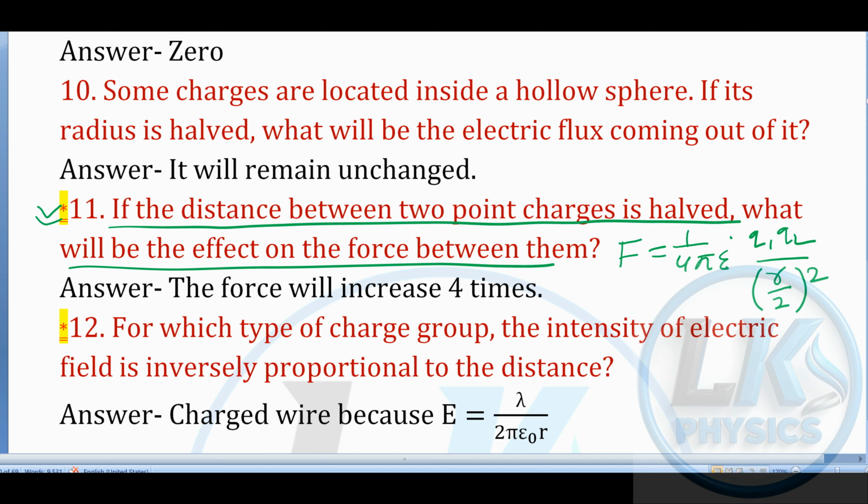If we solve it, then we get F equal to 1 upon 4 pi epsilon naught Q1 Q2 upon R square, and this 2 will go to the numerator, then it becomes 4. Hence, force will increase 4 times.